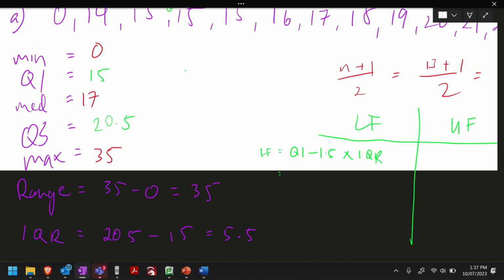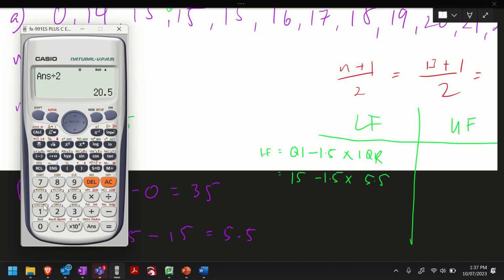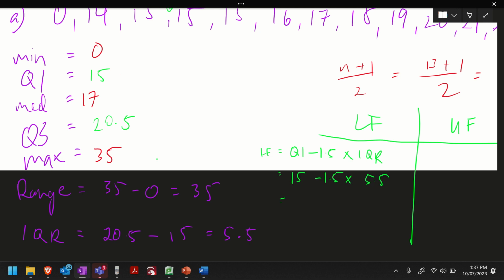Okay, have a seat, have a seat. Alright, so Q1, guys, is 15. Take away 1.5, thank you, Donnie, times IQR of 5.5. Put that in your calculator. 6.75.